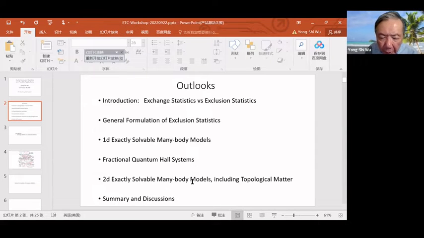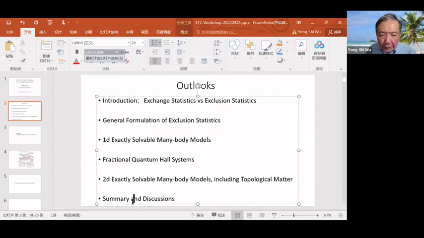In recent years, these new exotic statistics are found to be realizable in 2D exactly solvable many-body models, especially those for topological matters. Finally, it's summary and discussions.